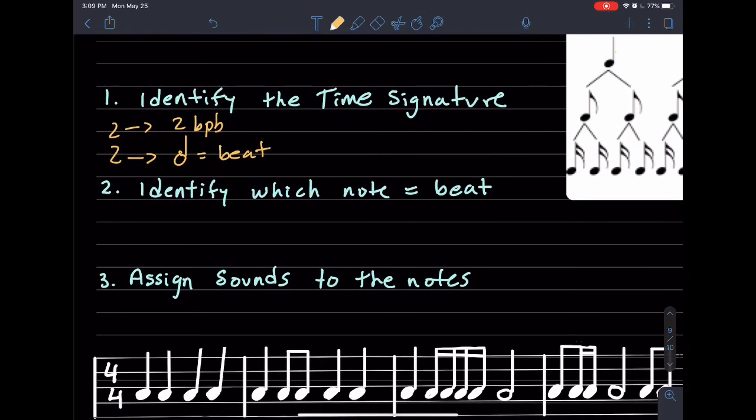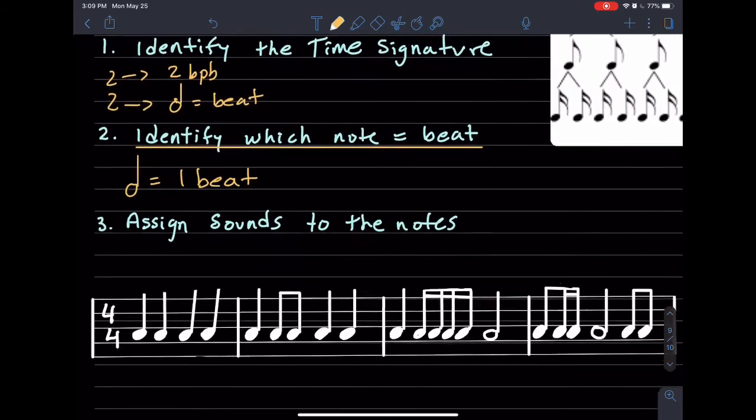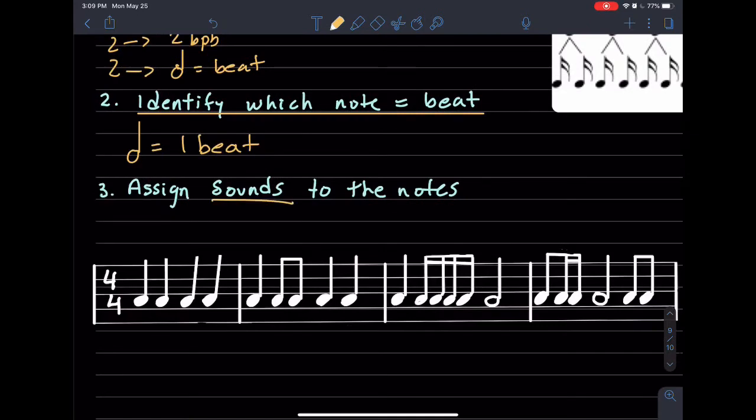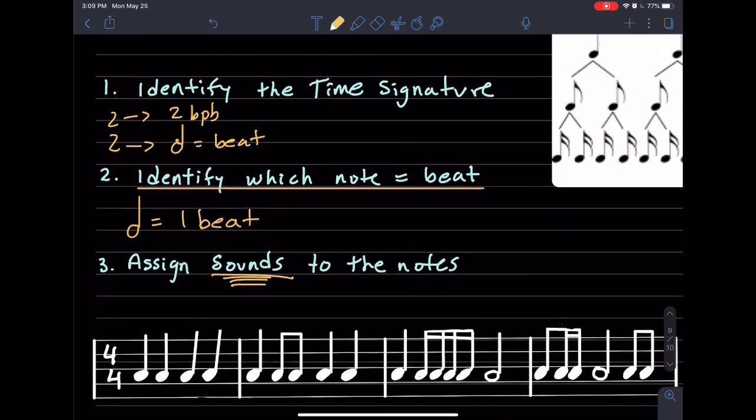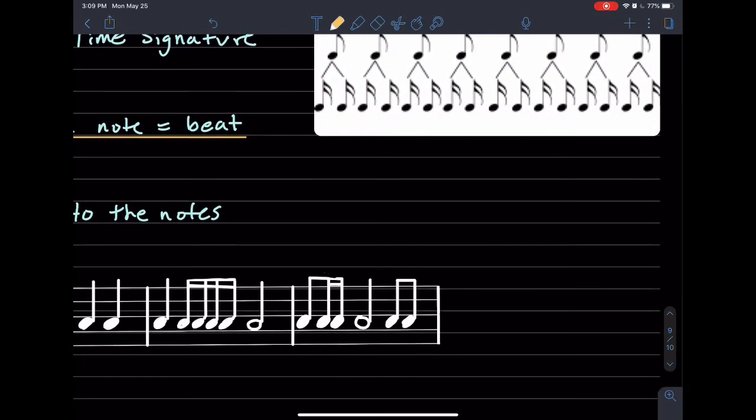Step 2, identify which note is equal to a beat. Well, in this case, our half note is equal to 1 beat. And the most important part is to assign sounds to the notes. We're going to assign sounds to notes based on how many beats they're worth. If a note is worth 1 beat, we are going to say ta.